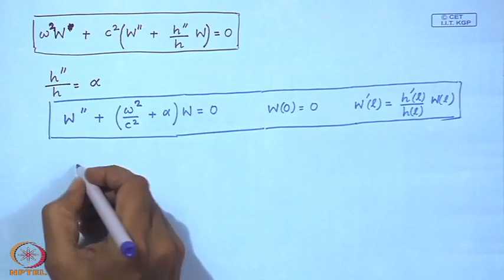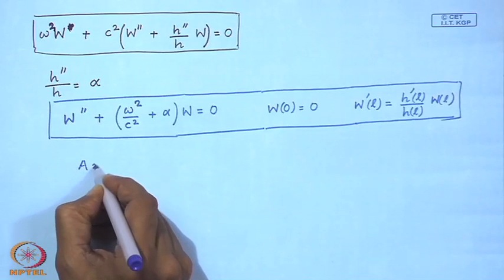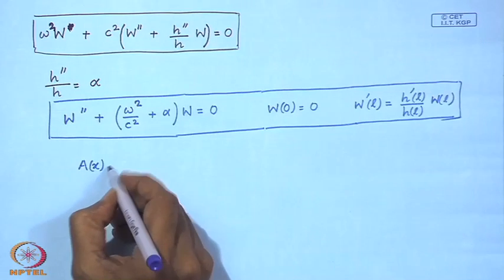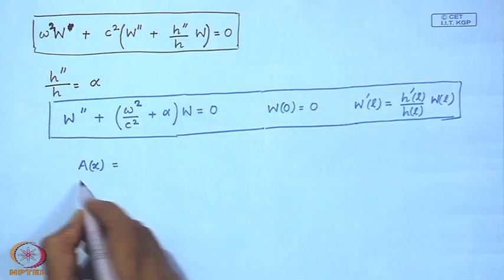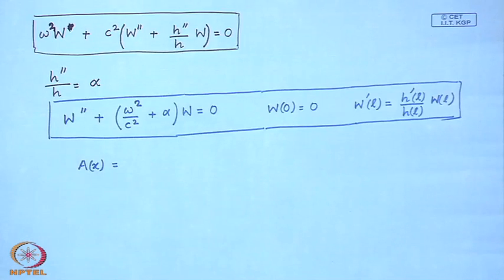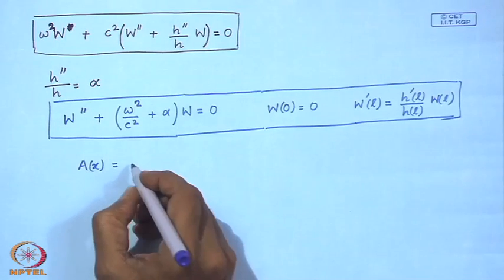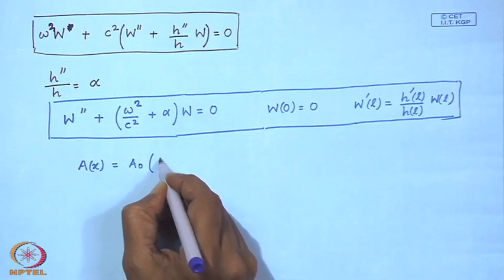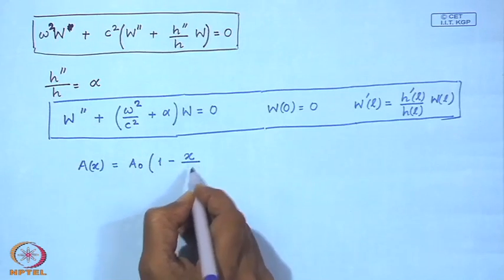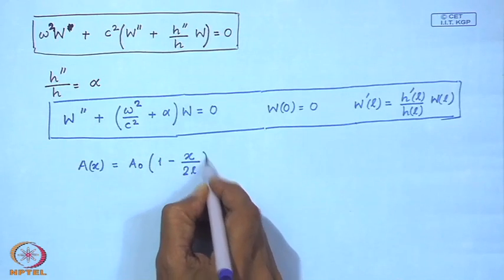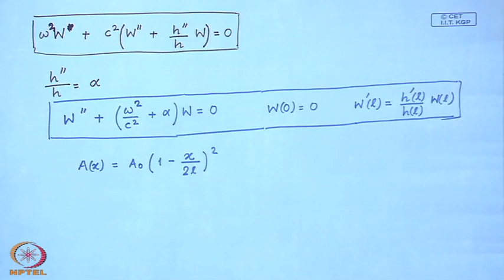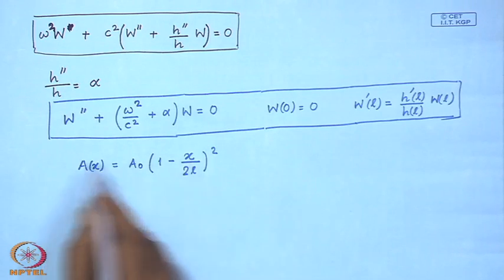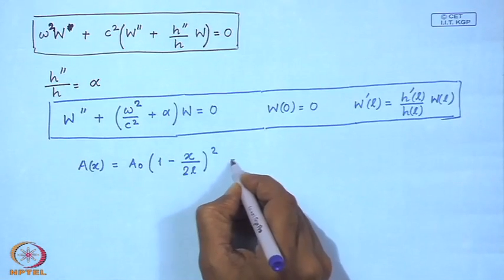So, in that case the variation of the cross sectional area may be expressed as A0, remember that this is h square.